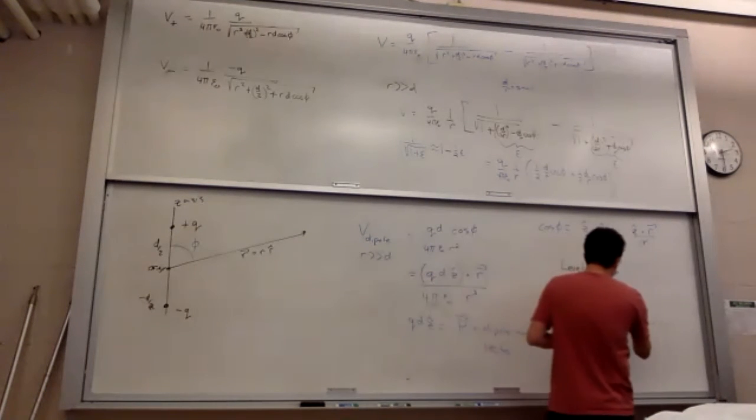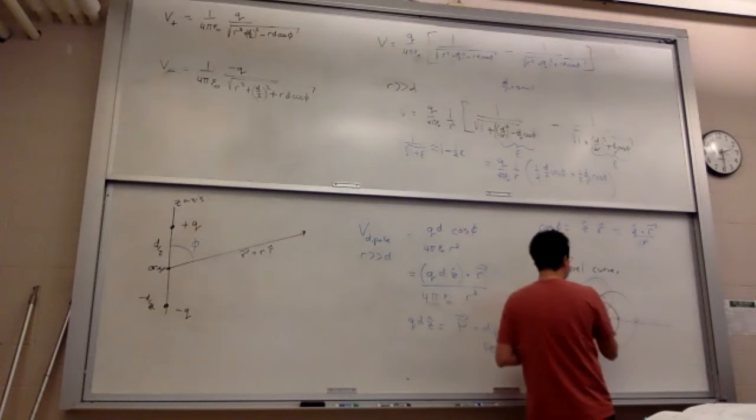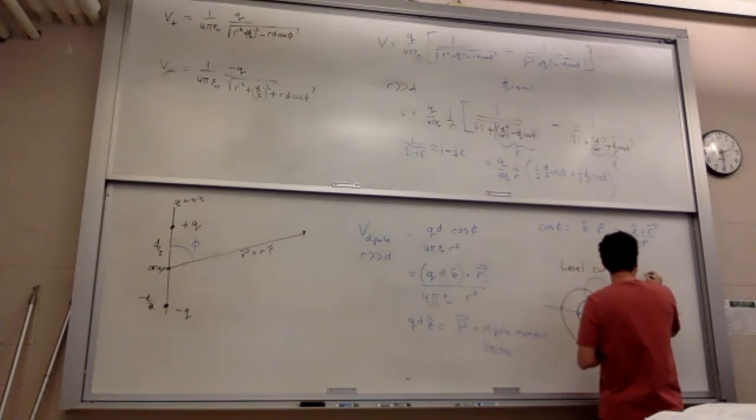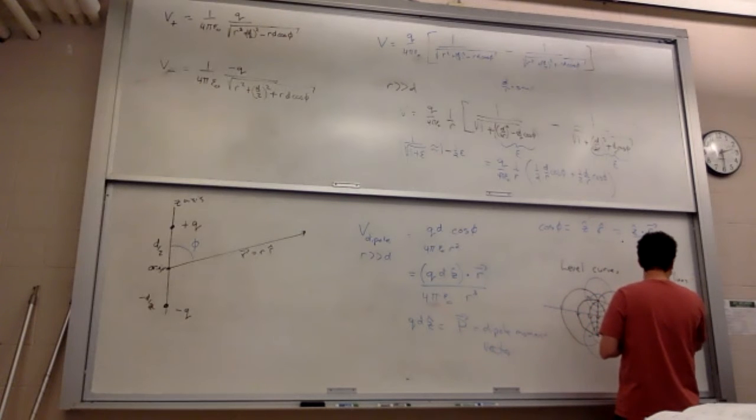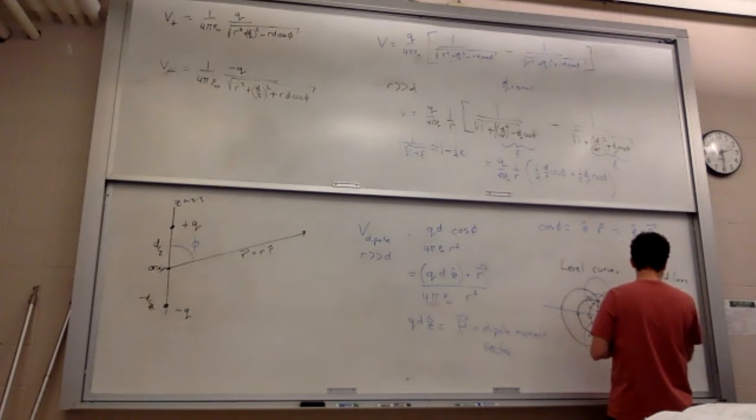So what we see, shouldn't be too surprising, is that the electric field lines are perpendicular to equipotentials.